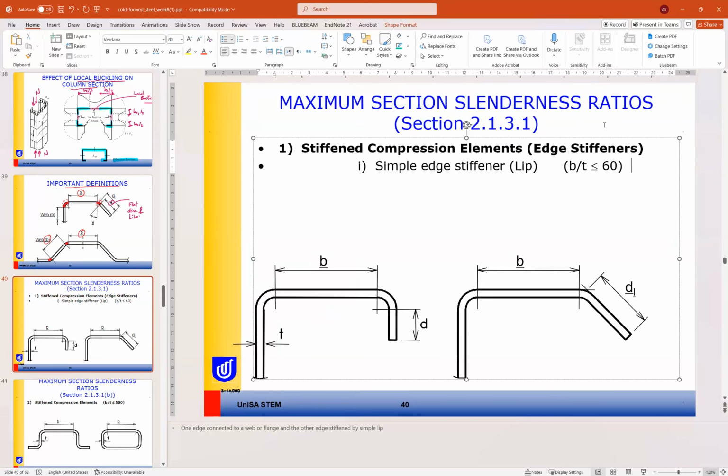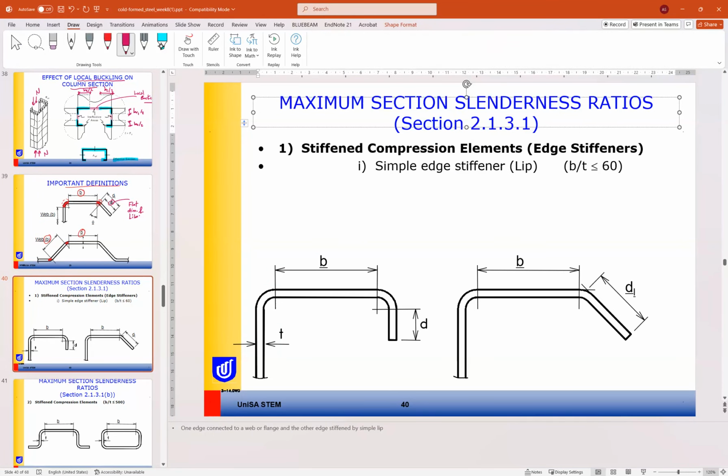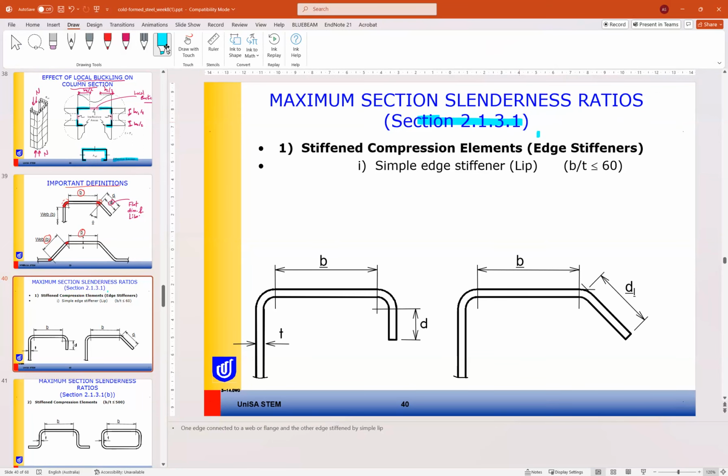And here is the maximum slenderness ratio according to section 2.1.3.1. So this section gives us the maximum slenderness ratio. Just have a look at it.